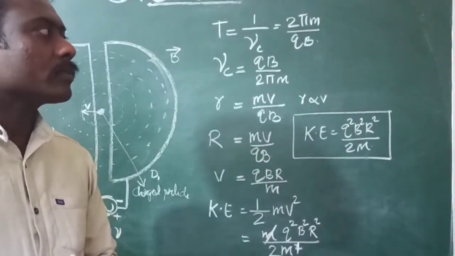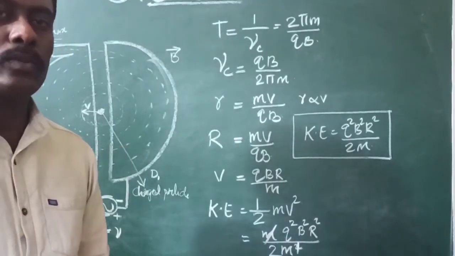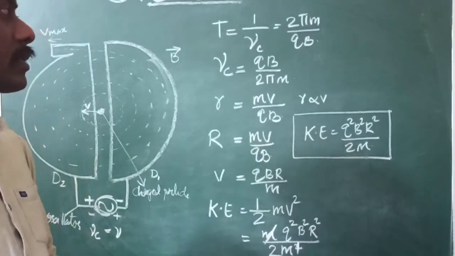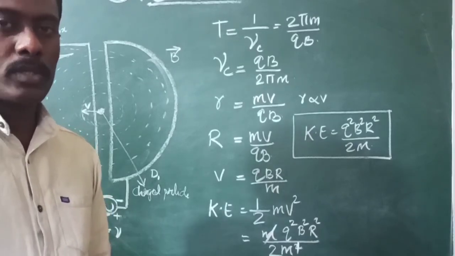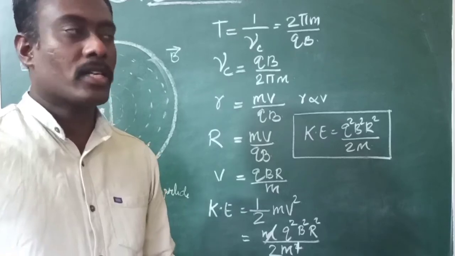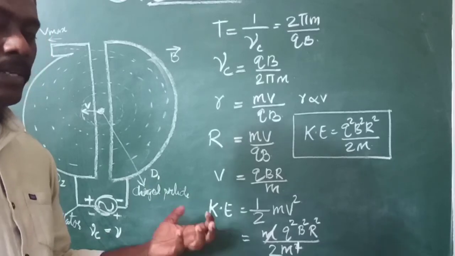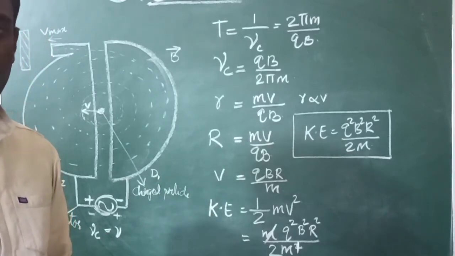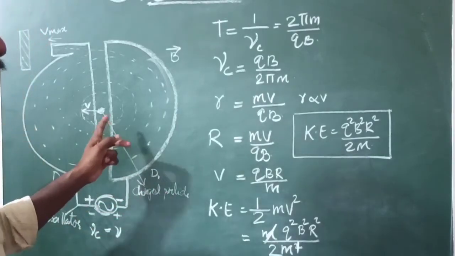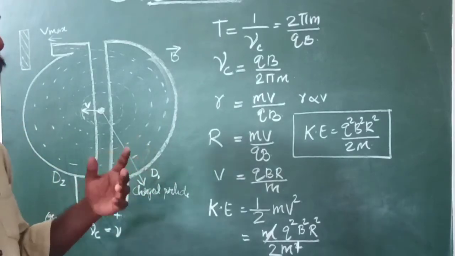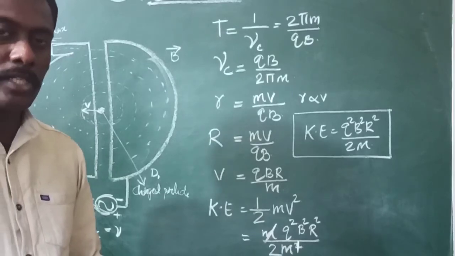One limitation is that it is normally used to accelerate charged particles, but it cannot be used to accelerate a particle like the neutron, because the neutron has no charge. Uncharged particles are not influenced by electric or magnetic fields, so they cannot be accelerated with the help of a cyclotron. Another limitation is that it cannot be used to accelerate a particle like the electron, because the mass of the electron is very small.